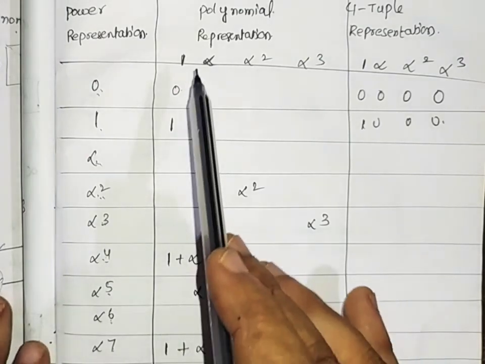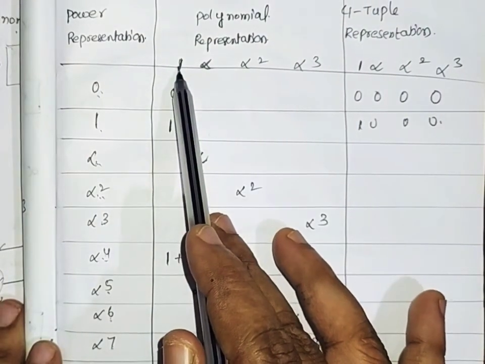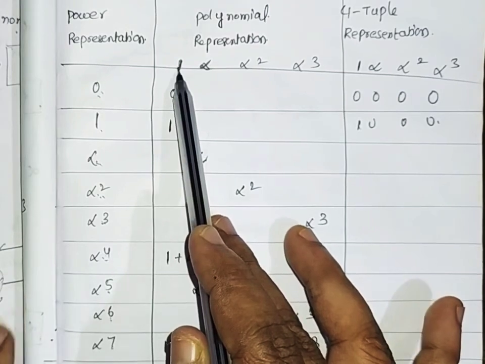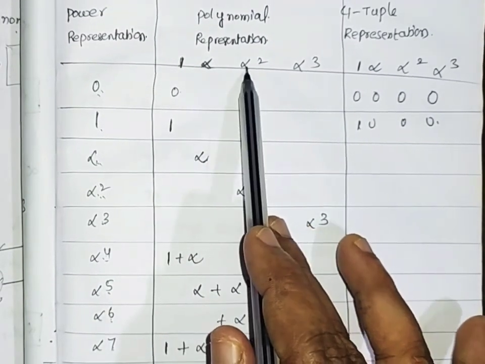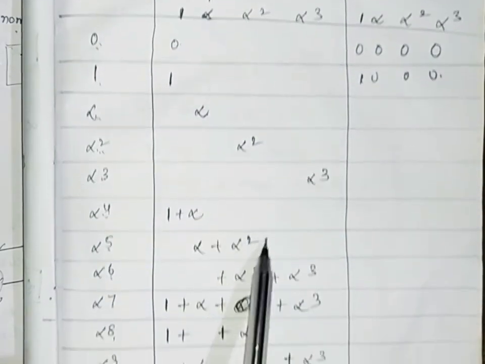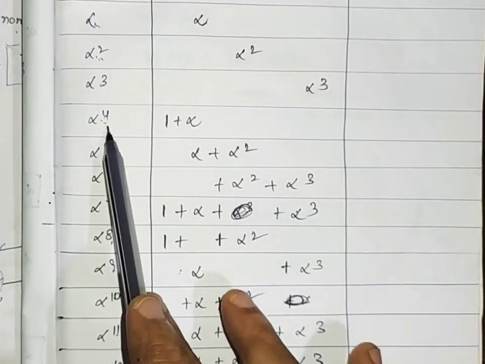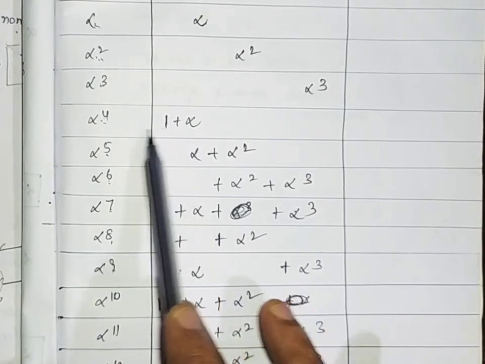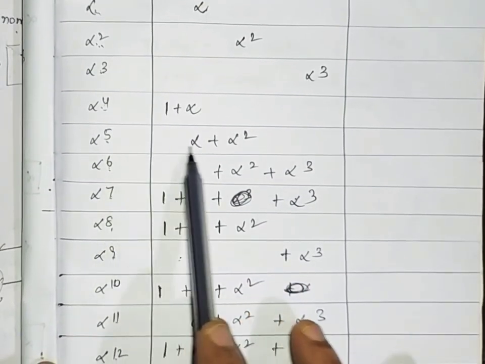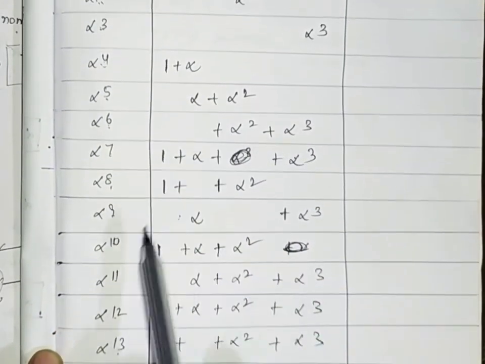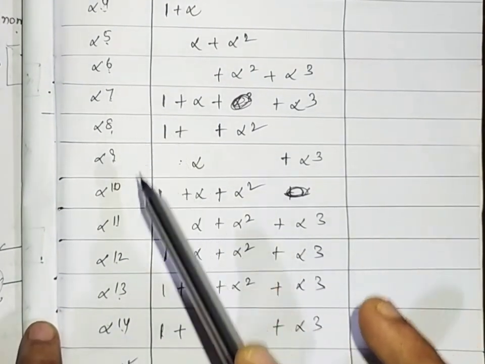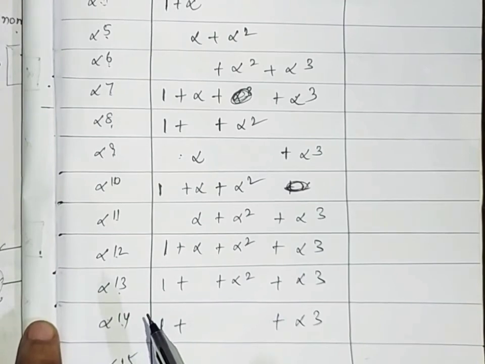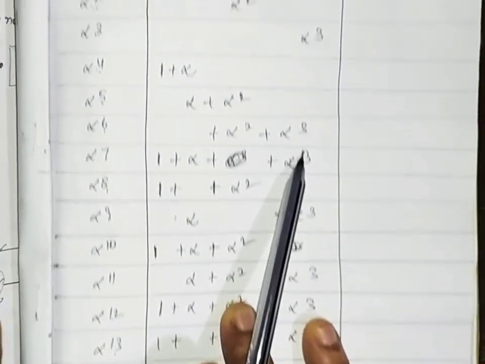And those elements are represented as polynomials in a predefined manner: one term, alpha square term, alpha term. It is the polynomial obtained for alpha power 4. It is the polynomial obtained for alpha power 5. These are the polynomials obtained for the various elements in the Galois field 2 power 4.